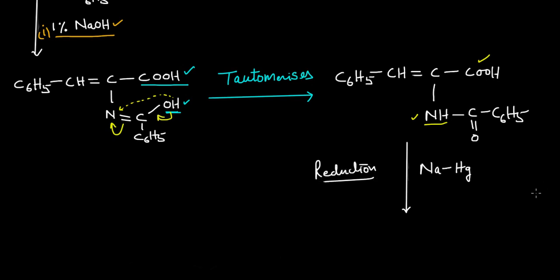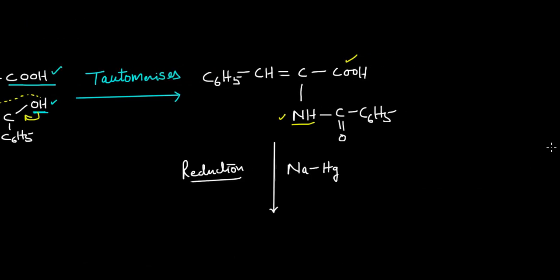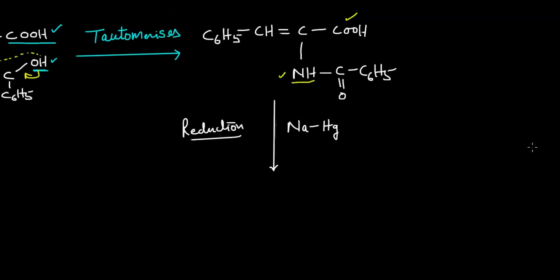So when we are doing the reduction, what we'll get, इसका reduction हो जाएगा, तो ये जो unsaturation है between here, that will be lost, and finally we get this type of structure. So जब reduction करेंगे सोडियम अमलगम में, तो we get C6H5, and this will convert into CH2, and unsaturation is lost, and now it is saturated.